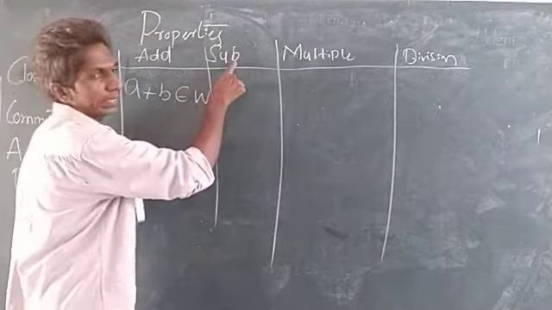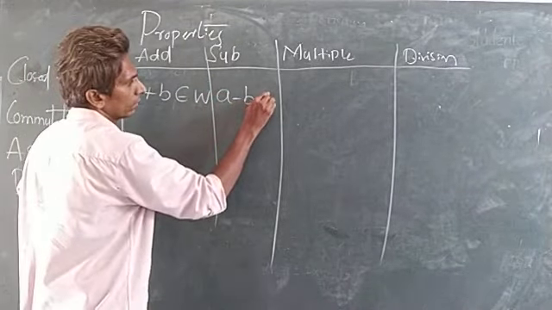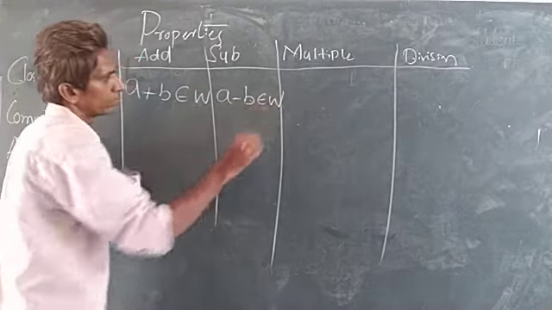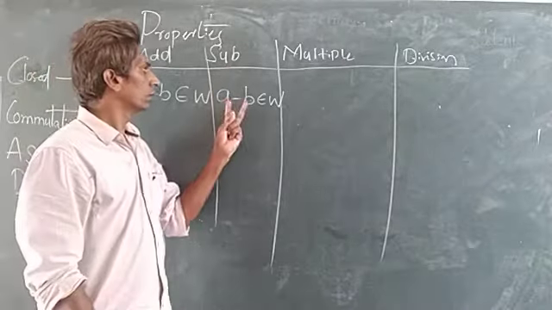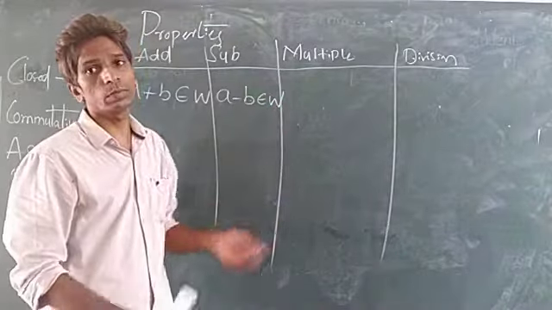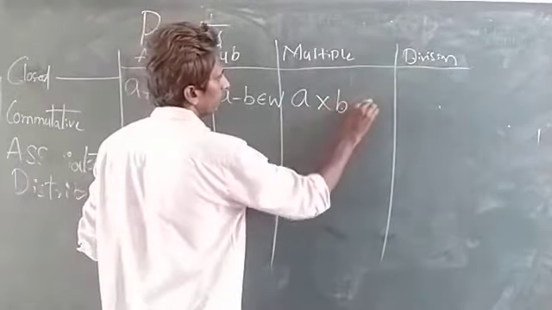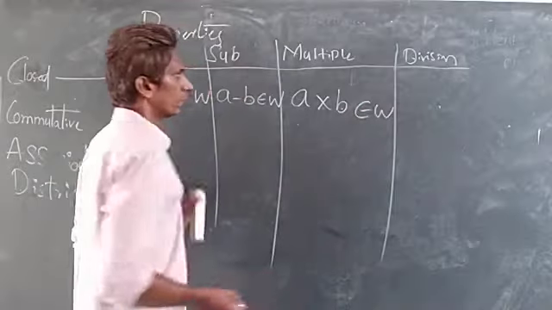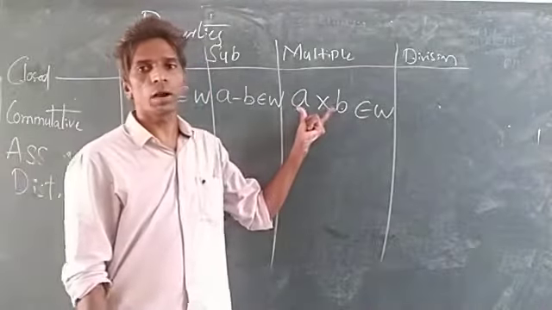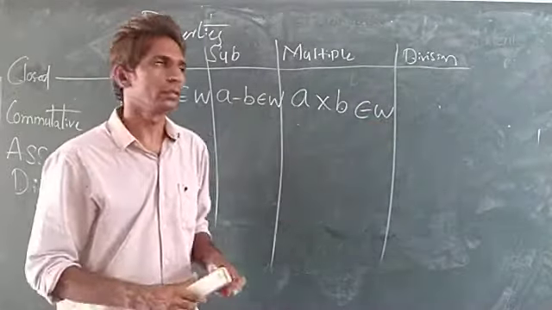Next, subtracting: A minus B belongs to W. So these two whole numbers we will subtract, means you want to get the whole number only. A into B belongs to W. If you multiply two whole numbers, you want to get the whole number only.